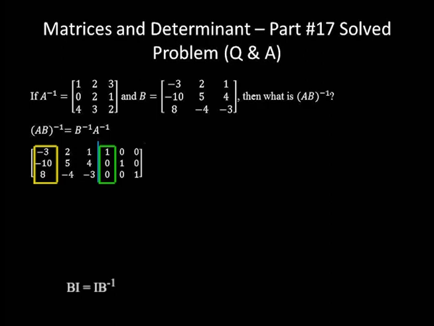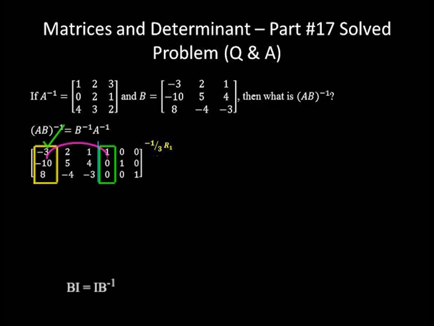To convert this negative 3 to 1, we have to multiply row 1 by the reciprocal of negative 3, that's negative 1 over 3. To convert this negative 10 to 0, we have to add it with positive 10. Let's focus on this negative 3 to generate positive 10. If we multiply negative 3 by negative 10 over 3, it will give us positive 10.